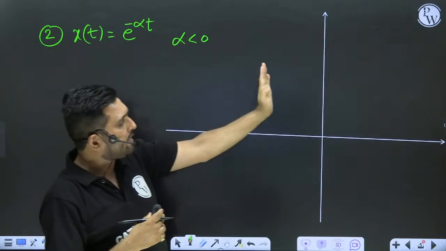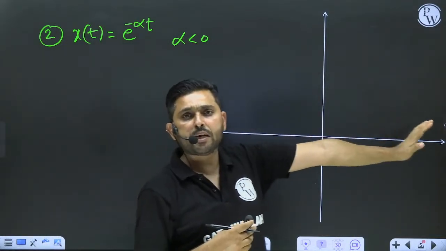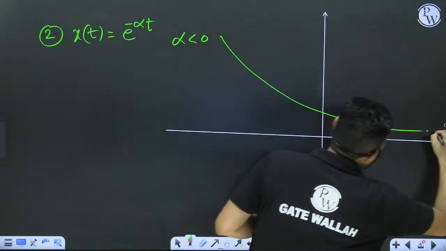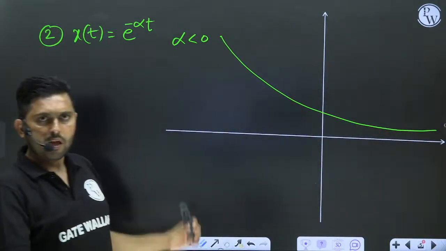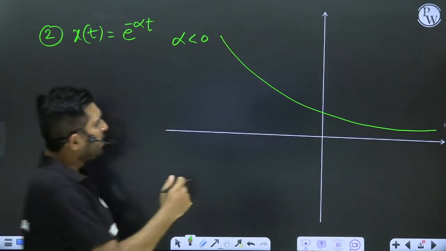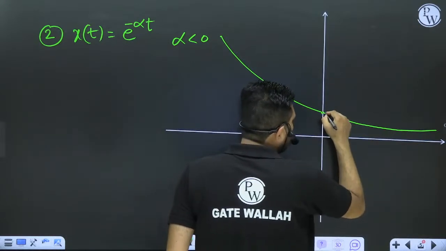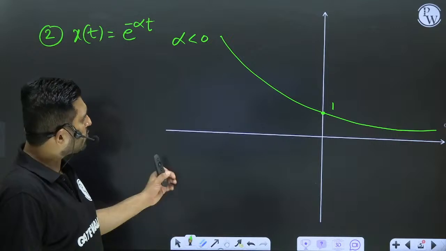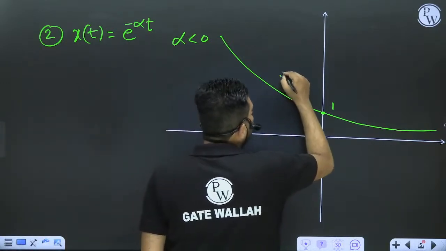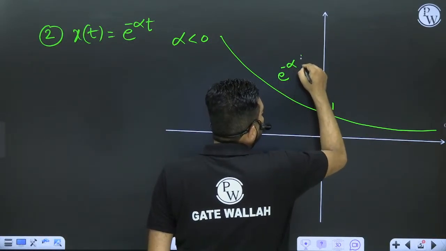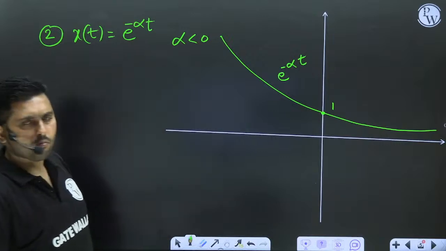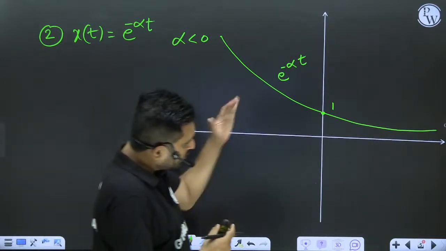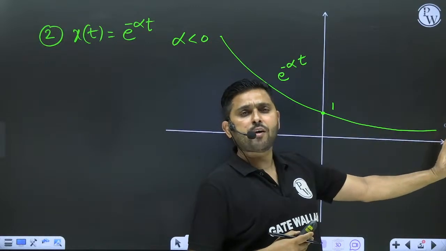And when you put t equal to, let's say, infinity, it becomes 0. So it is a function which looks like this. See, it will go in this way. This is at 1. So this is the function e to the power minus alpha t. That is what a real exponential looks like when plotted against t.